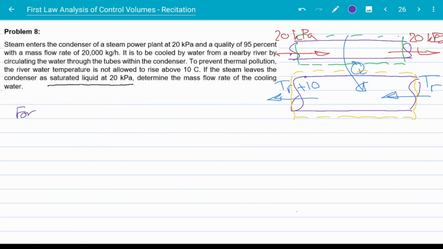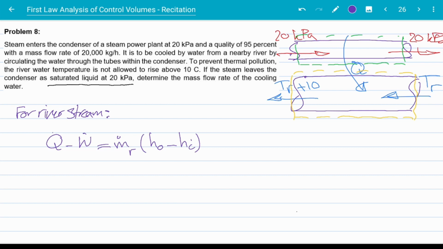So for river stream, or the orange control volume, again, let's write down the first law. I get Q dot net minus W dot net. I'm just going to write the simplified equation is mass flow rate of the river times HO minus HI of the river.